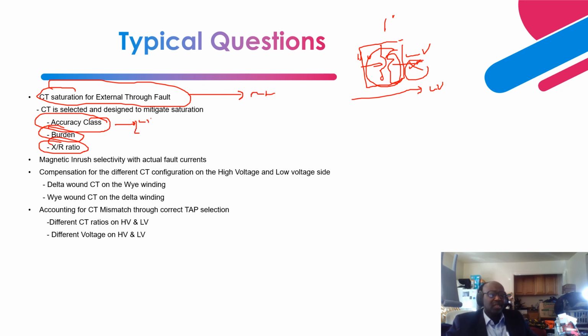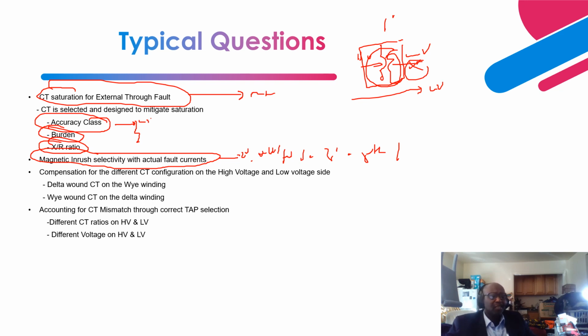Those are some of the typical factors you consider when selecting the CT to mitigate saturation for an external through fault. Next is magnetizing inrush restraint, and that is very important. I went through that, utilizing the second and fourth harmonics as a ratio of the fundamental current, and also the third and fifth harmonics as a ratio of the fundamental.